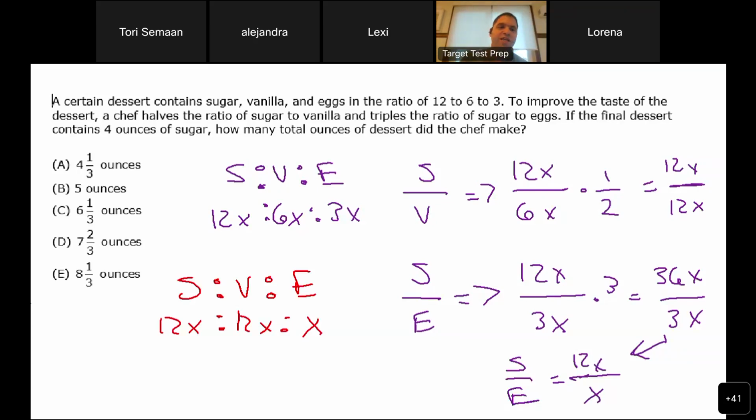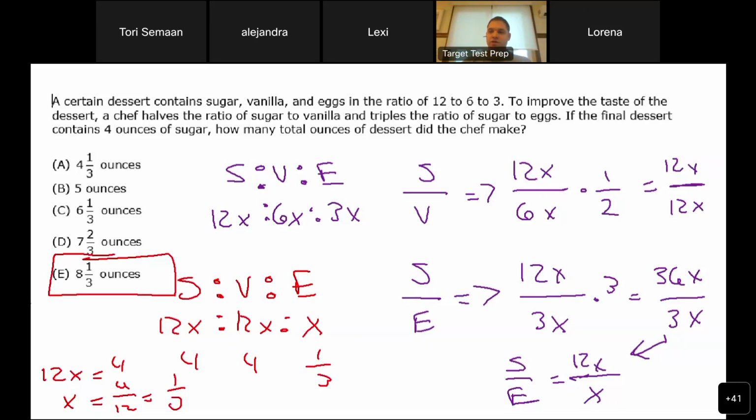So if the final dessert contains 4 ounces of sugar, 12x is equal to 4, x is equal to 4 over 12, which is of course 1/3. So this is 1/3, this is going to be 4, this is going to be 4. 4 plus 4 plus 1/3 is 8 1/3. And that is your final answer. So it looks like you guys are pretty darn good at the moment with ratios, which is good.